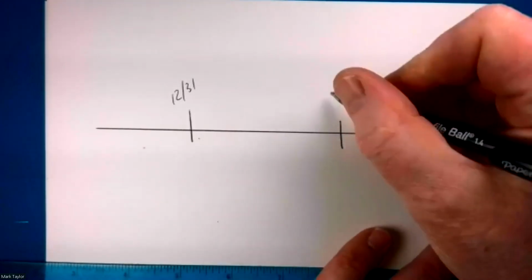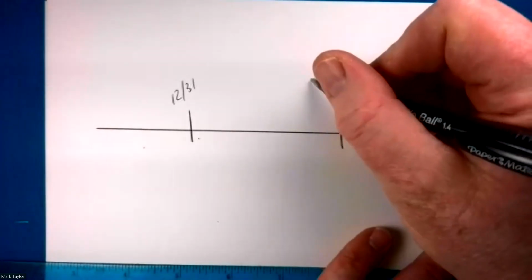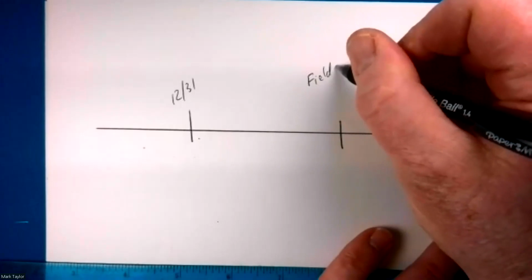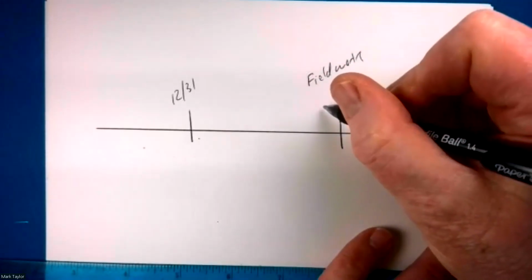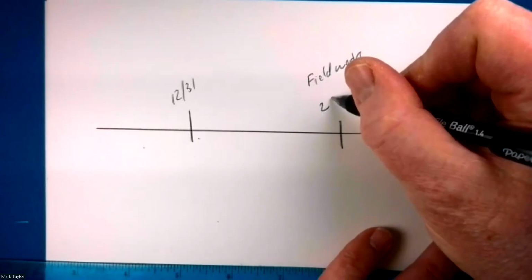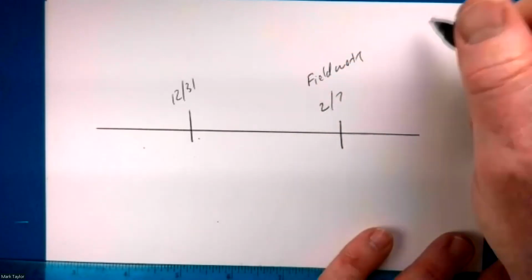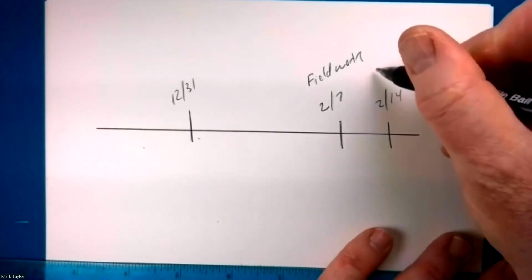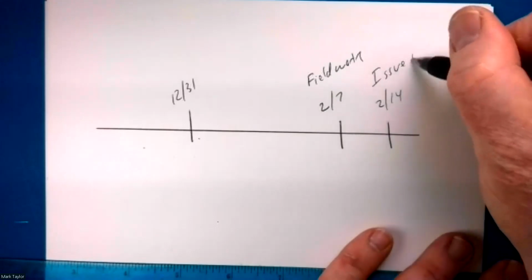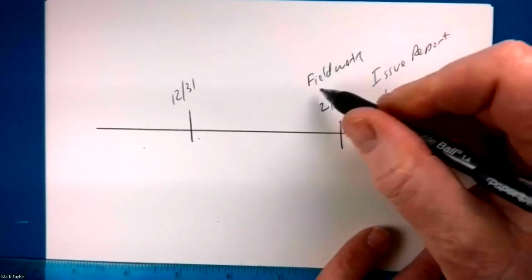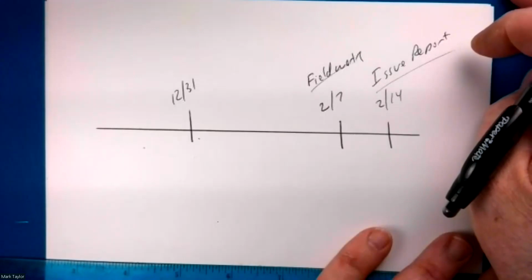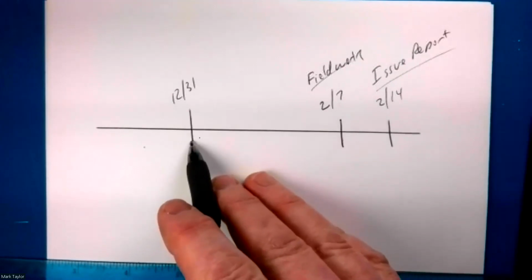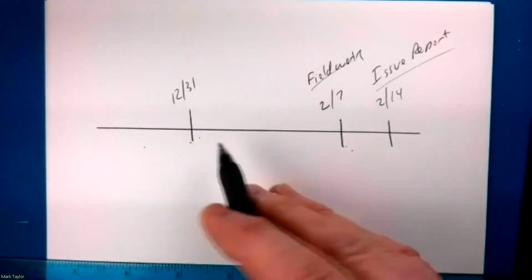And let's say that the audit field work will go until February 7th, and then about a week later they will issue the report. Subsequent events are events that happen between these two.